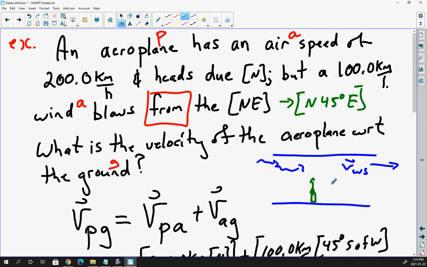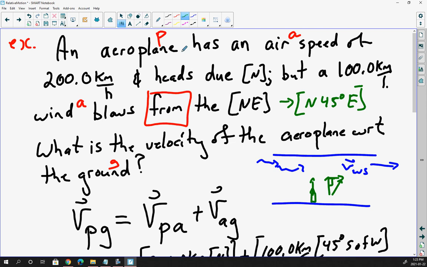So everything was always 90 degrees, right? And you could figure out the velocity of the boat with respect to the shore because it was 90 degrees. You could use Pythagoras and tan inverse and all that. That was grade 11. Not so much now. We're going to get a little bit more complex, but that's okay. You're in grade 12.